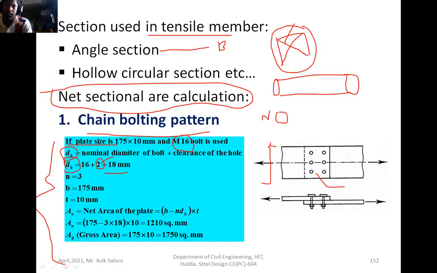And here how many bolts are used? 3 bolts are used, so n equals 3. The width of the plate is given, 175 mm, and thickness 10. So what is the net area of the plate? If the plate fails due to tension, the failure takes place along this line.